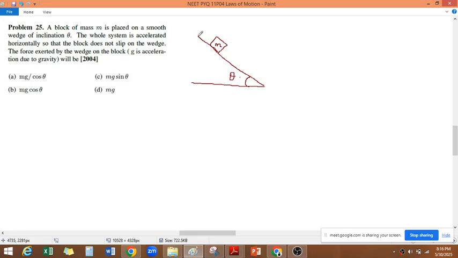So listen carefully, this is a wedge. If I push the wedge this way, obviously this will slide down. Only if I push the wedge the other way will this mass stick to the wedge, if I accelerate quickly enough. If you are having trouble understanding this, it's very simple.